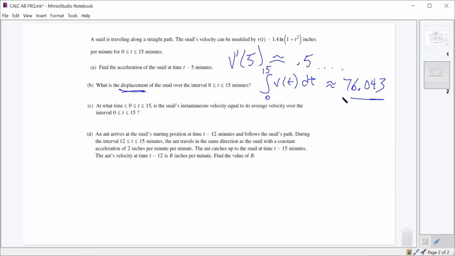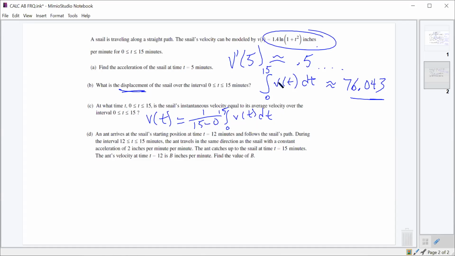And then we want its instantaneous velocity to equal its average velocity. So the instantaneous velocity is v of t. And we want that to equal 1 over 15 minus 0 times the integral from 0 to 15 of v of t dt. That's the average velocity.